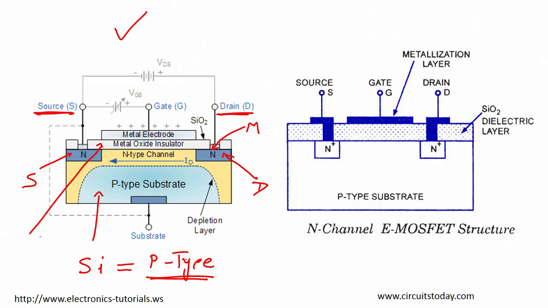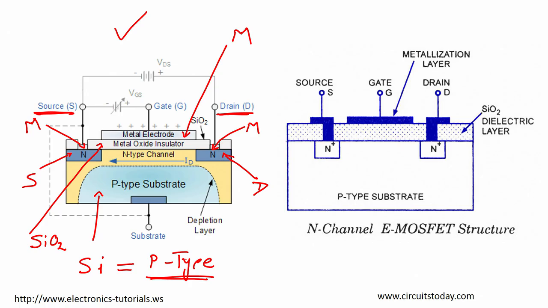This is my metal oxide, which is SiO2, and this is my metal, because we need to connect to the metal to take out the external connection. I am just showing the schematic, do not worry, we will come back to the process flow where we will see each step in detail. Just look at the schematic so we know how the MOSFET looks like.